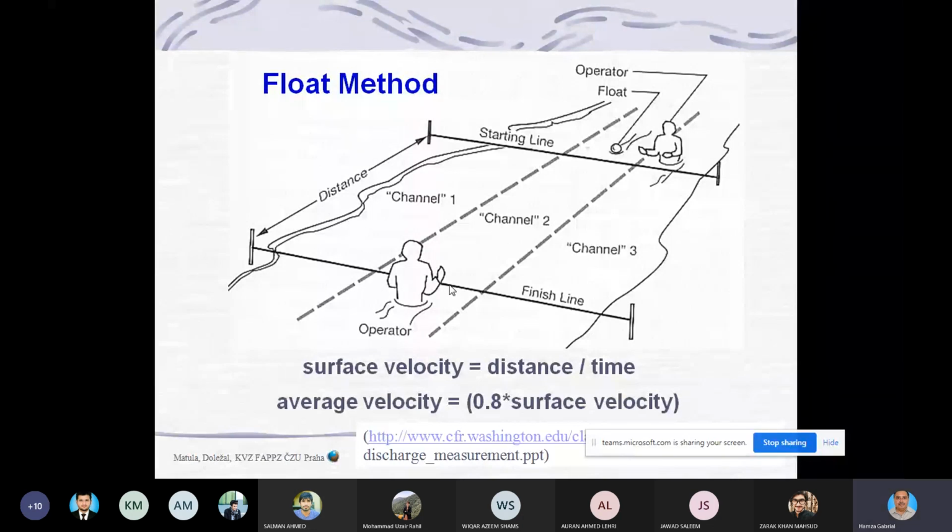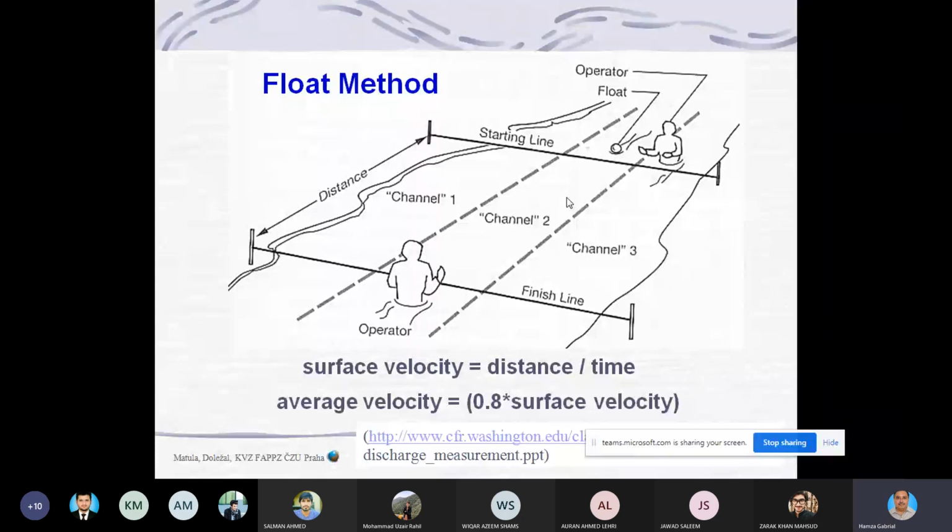But this velocity is the surface velocity, because the float is traveling on the water surface. We are not interested in the surface velocity, as this is the highest velocity. We are interested in the average velocity. In order to convert the surface velocity into average velocity, we multiply it by a factor of 0.8.